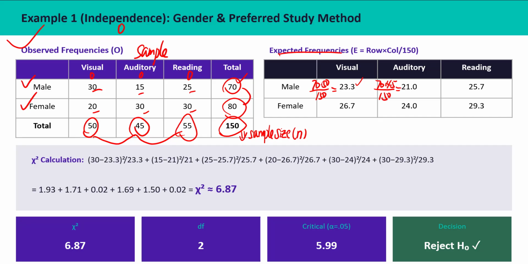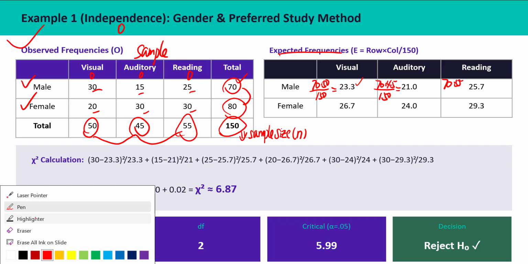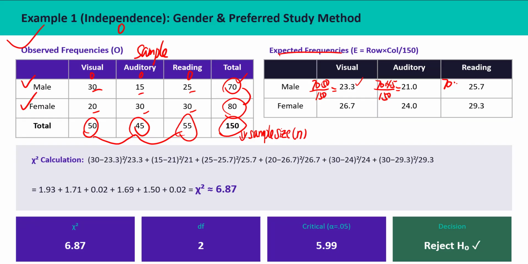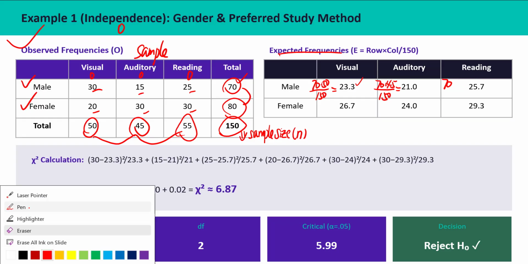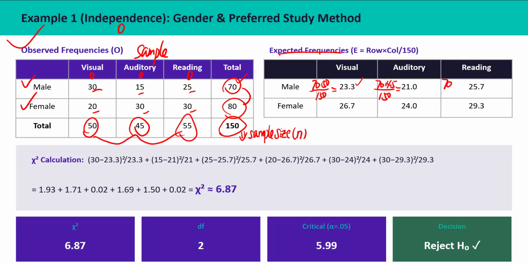Okay. And then the third one, reading for the male. It will be 70 times 55 divided by 150, and that turned out to be 25.7, approximately, when you round to one decimal place.